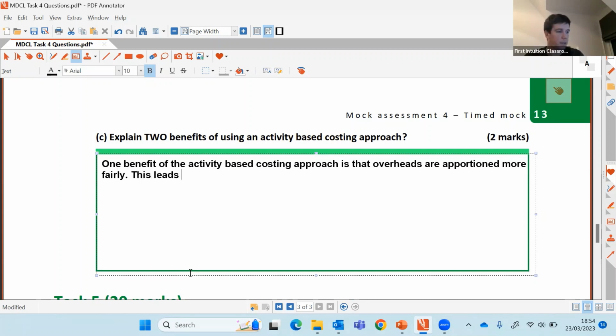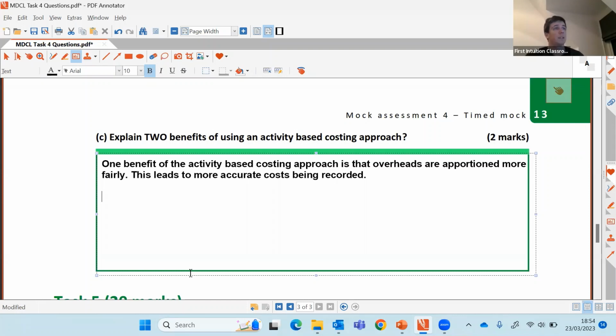This leads to more accurate costs being recorded. So by splitting the overheads on a more appropriate basis, you've now got more accurate costs attributed to, say, showroom 1.